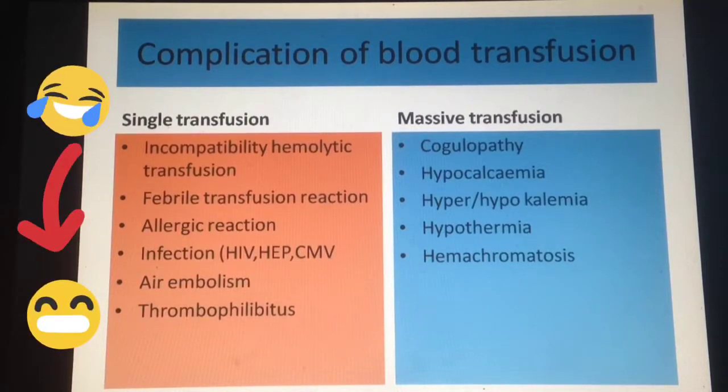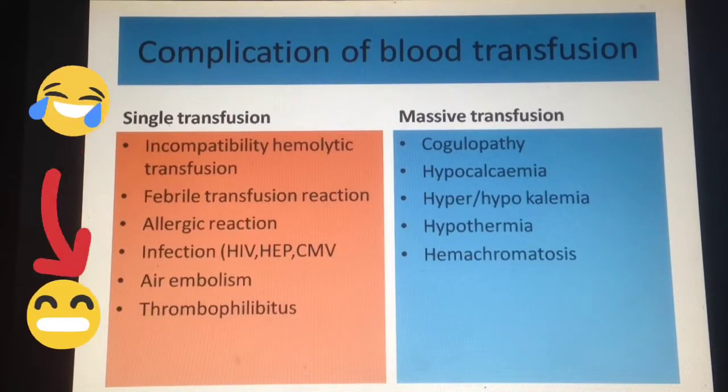So there will be increased iron, which is the breakdown product of the hemoglobin. That will accumulate in the liver as well as the cornea and other systems of the body, resulting in a condition known as hemochromatosis.